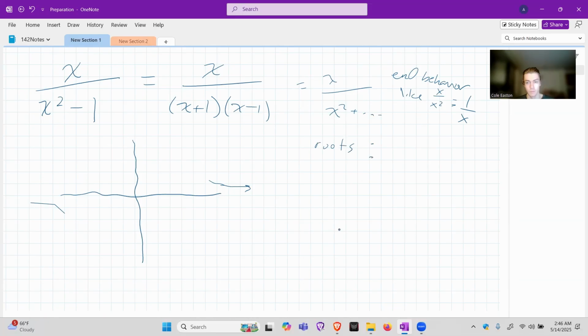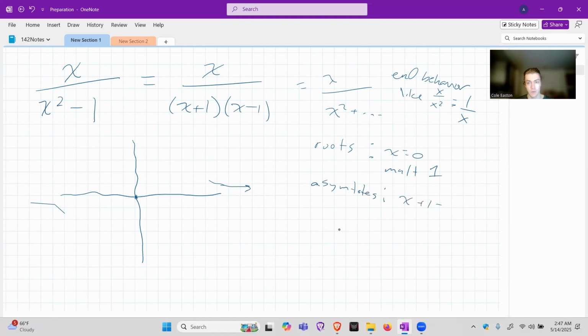Our roots, we have a root at x equals 0 with multiplicity 1. So that's right here. We just have to remember that multiplicity for when we graph it. And let's look at the asymptotes.